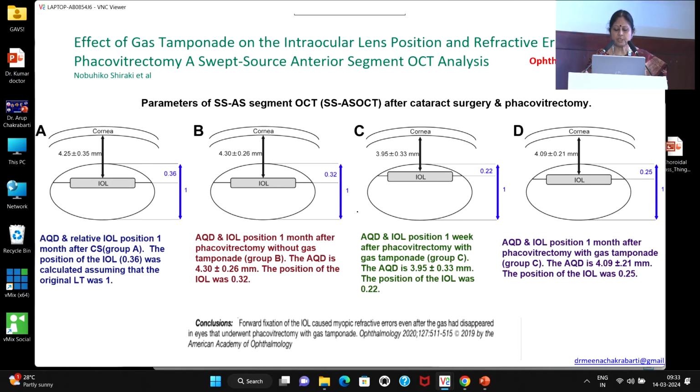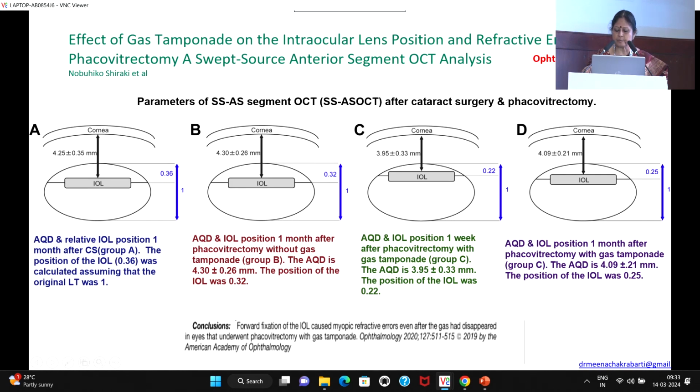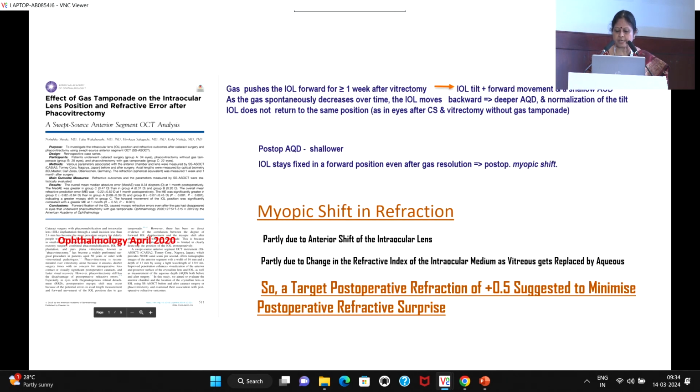In the presence of an intraocular gas tamponade, there is a forward movement of the lens-iris diaphragm, and the lens remains anteriorly positioned, fixated even after the gas has disappeared, which accounts for a myopic shift in the refraction. So you can expect a myopic surprise unless you correct for it.